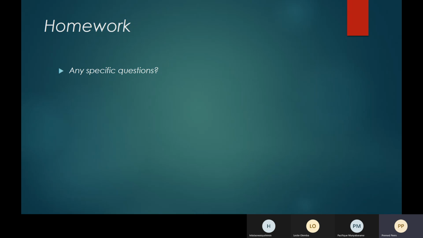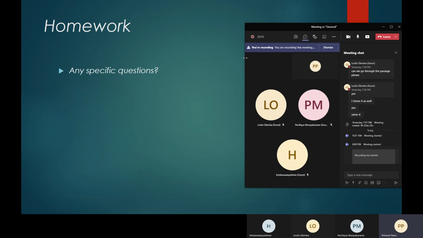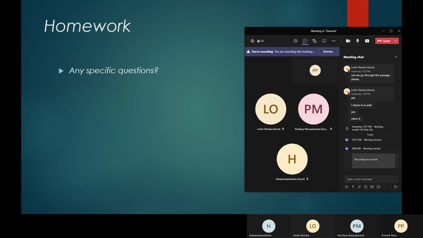Does anyone have any questions about the homework or questions about what they read? All right. If not, you can ask as we go through the material here.